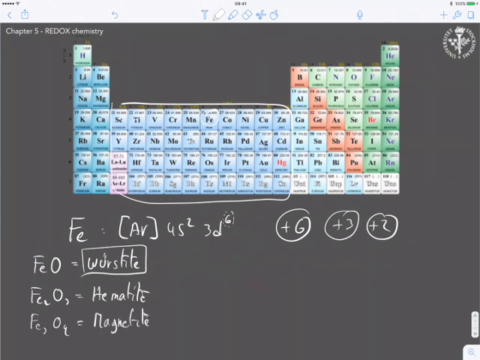Magnetite, if you know the name, is the magnetic form of iron in nature.